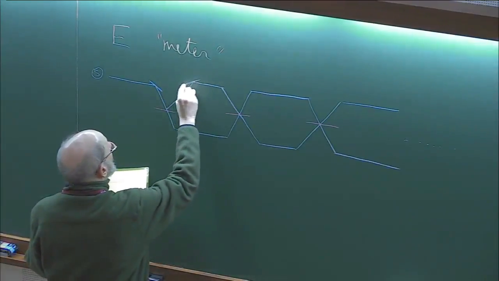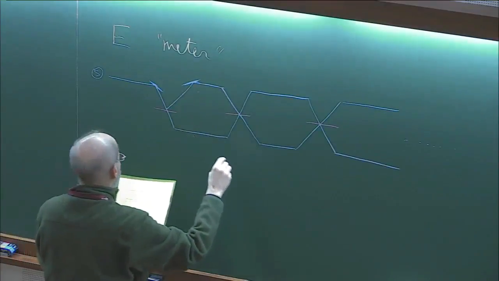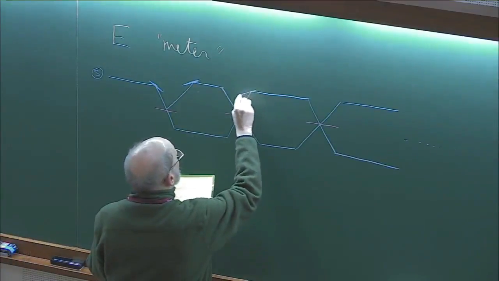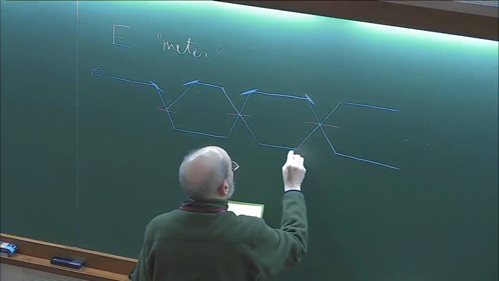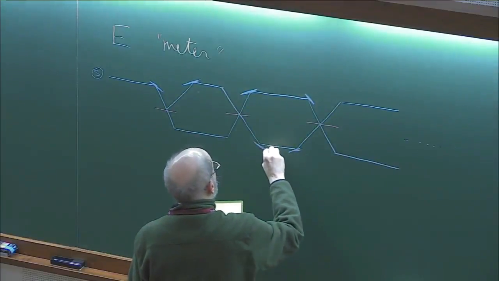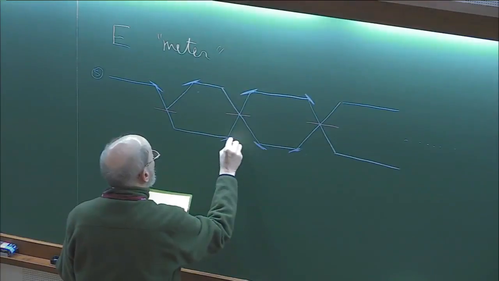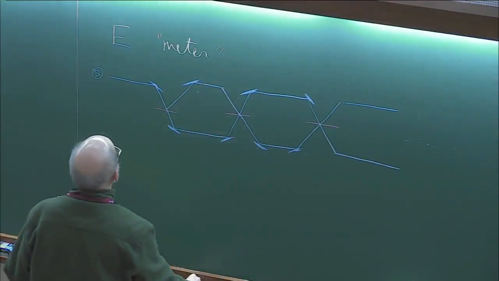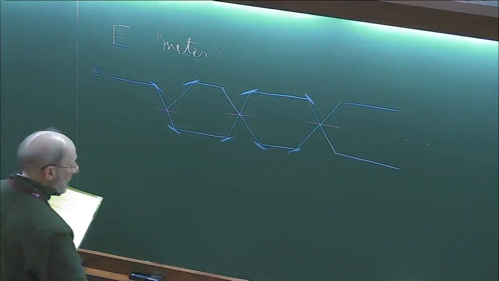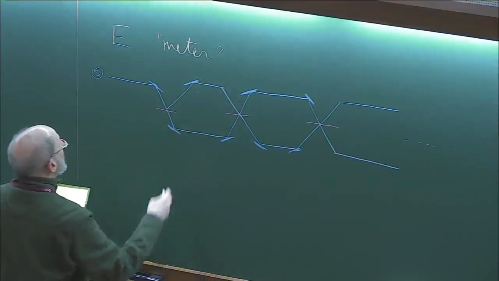So these are opaque. These are just mirrors. Okay, so I think I've got all the possible trajectories here.